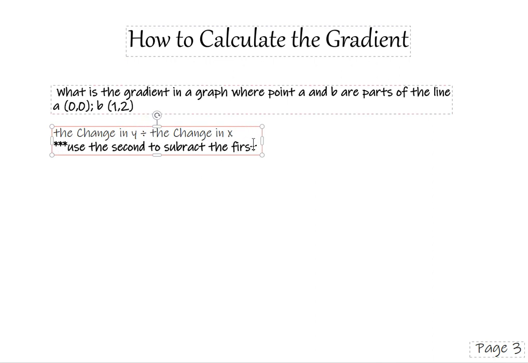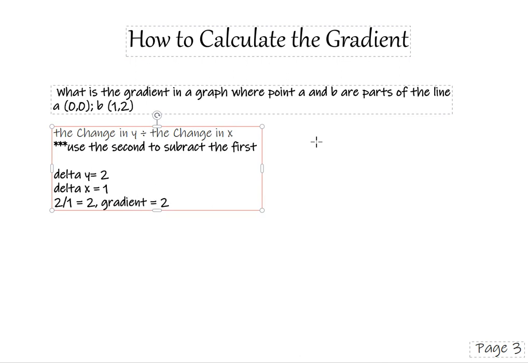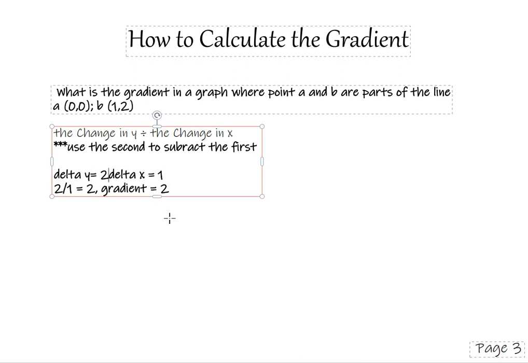So delta y equals 2, because 2 minus 0 is 2. Delta x equals 1. 2 divided by 1 equals 2. Gradient equals 2. And that's great. You solved the examiner's question, and you can get marks for this, which is good.